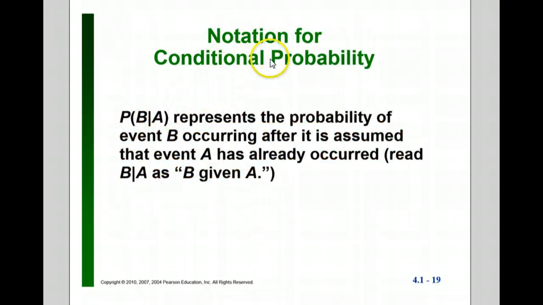Alright, and then this is notation for conditional probability. So we use probability of parentheses B just to say, find the probability B happens.